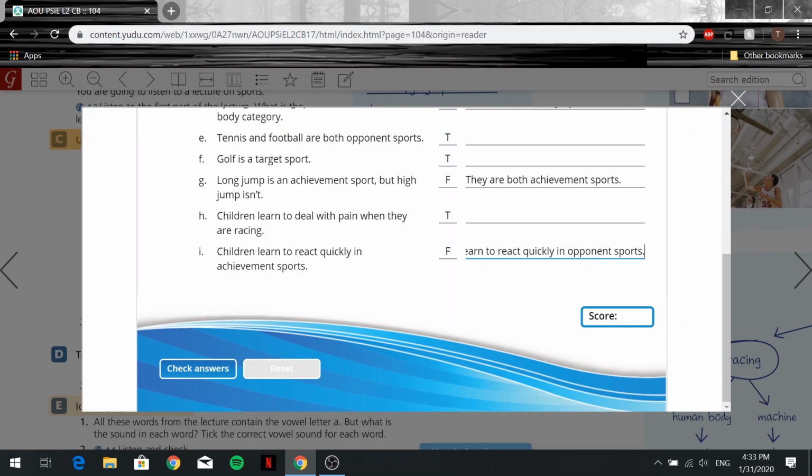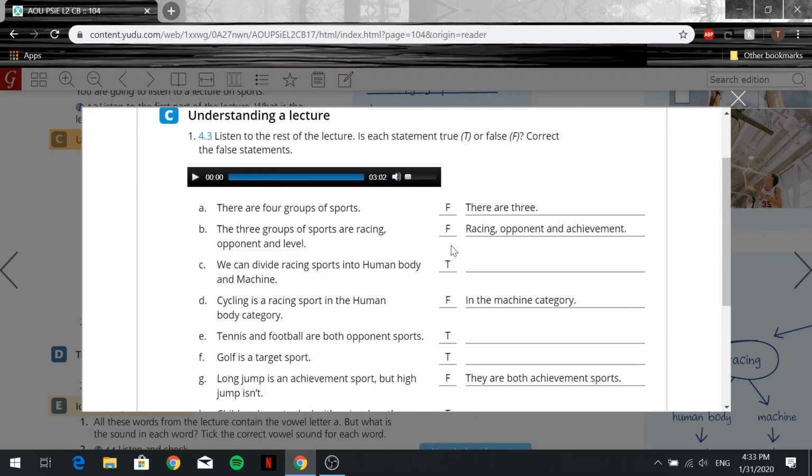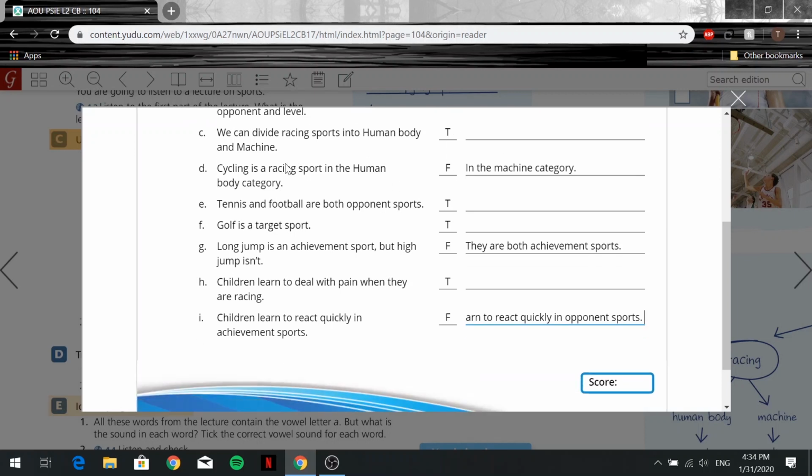Okay? So again, one more time, A is false because there are 3 groups, not 4. B is false, because there is no level sport. It's racing, opponent, and achievement. C, we can divide racing sports into human body and machine. This is true.